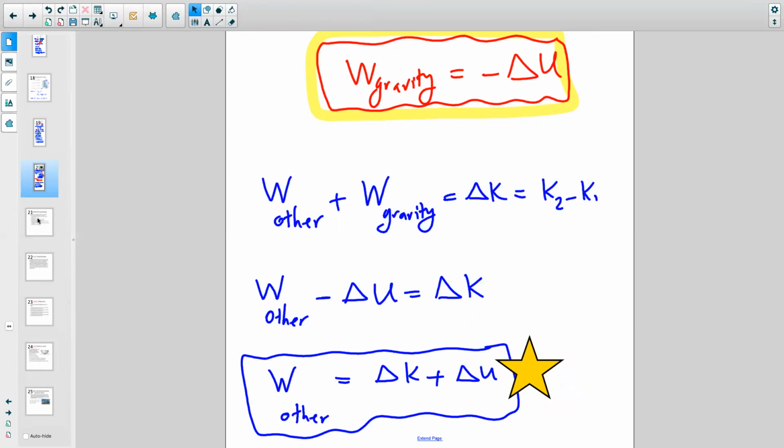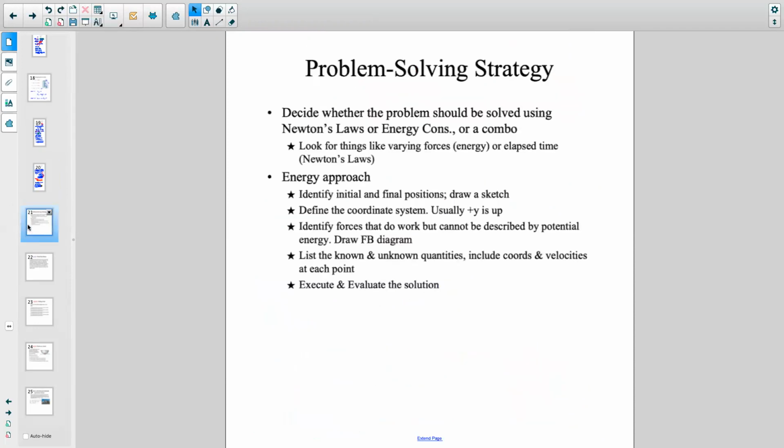All right, so how do we solve the problems now? If we have all of this, how do we really solve the problem? You should have some strategy. Decide whether the problem should be solved using Newton's laws or energy conservation, or maybe a combination of both, okay? Look for things like varying forces, energy, or elapsed time when it comes to Newton's laws.